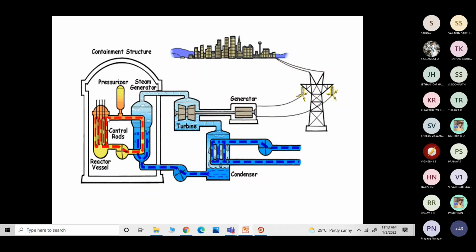Inside the reactor you have the hot coolant transferring heat to the water, whereas inside the condenser you have the cold water converting the low pressure steam into liquid again, and then with the help of the pump it is pumped into the steam generator. So this is a continuous cycle.